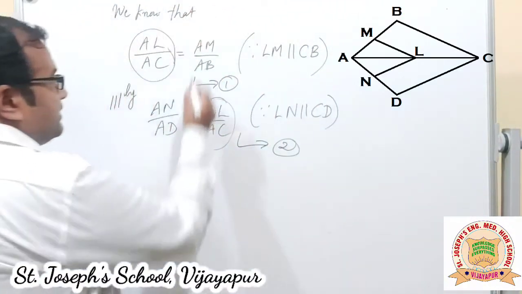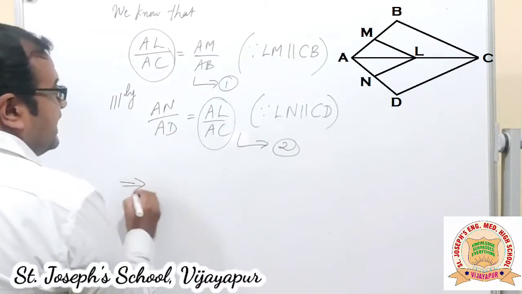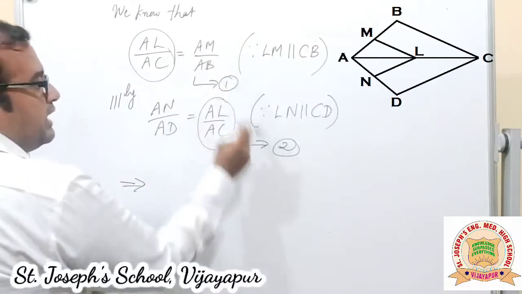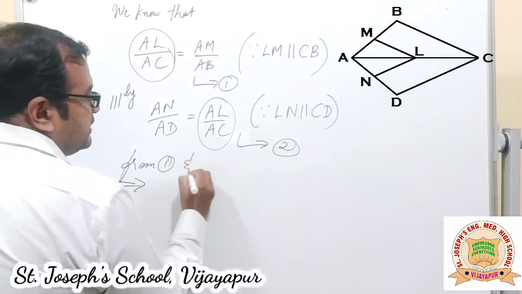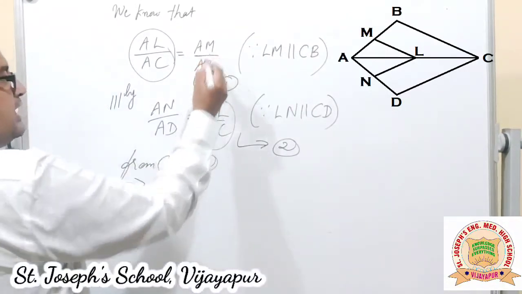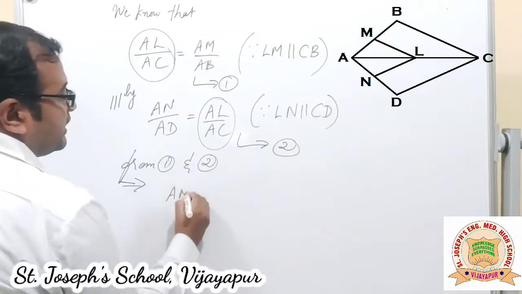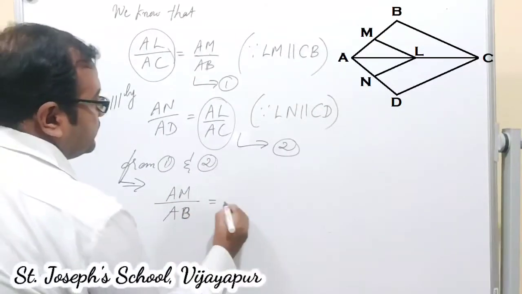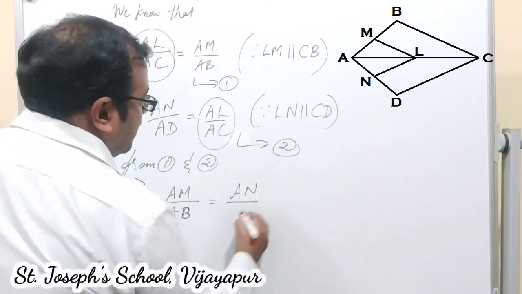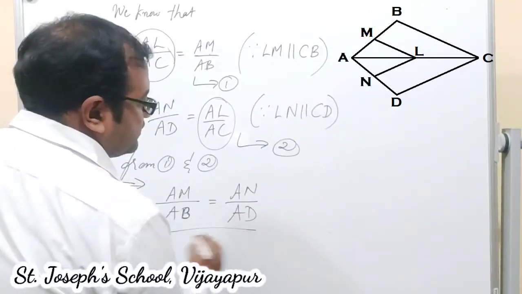If you apply that, we can safely say that from equation 1 and 2, AM by AB is equal to AN by AD. This is the required proof.